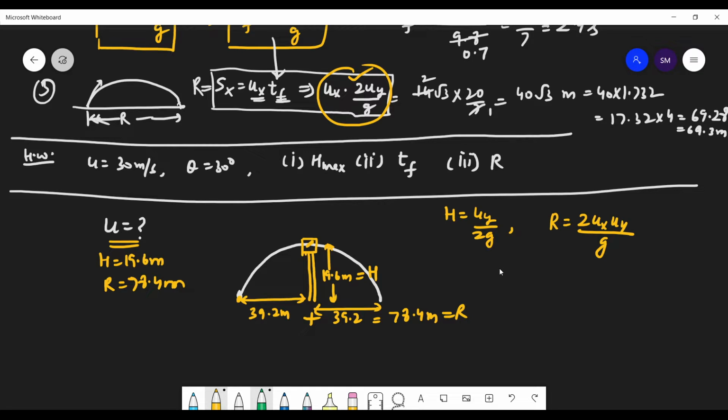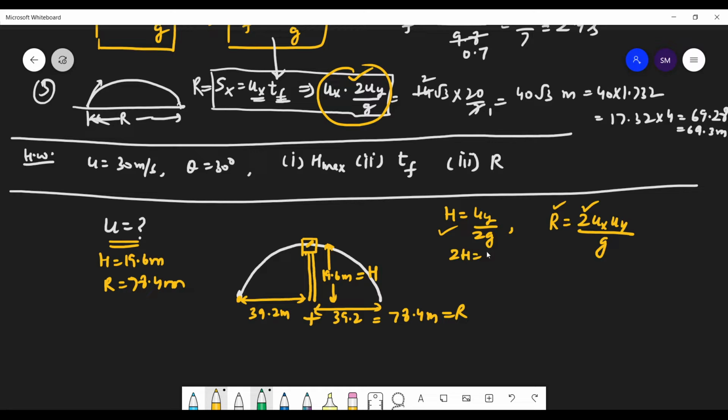So this is given to you, this is given to you. So you have uy square by 2g, isn't it? So you can simply find the value of uy by g from here and you can put it over here.